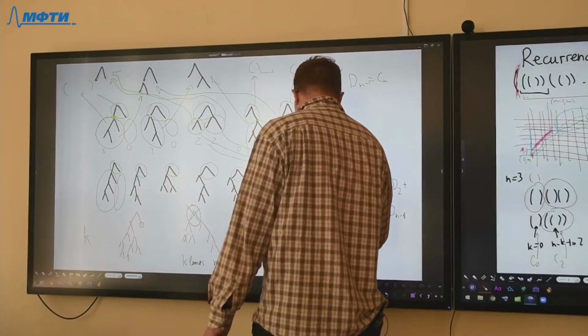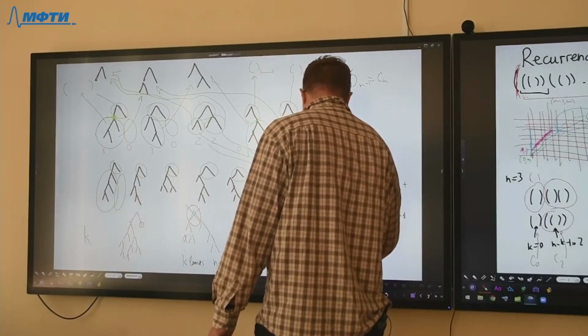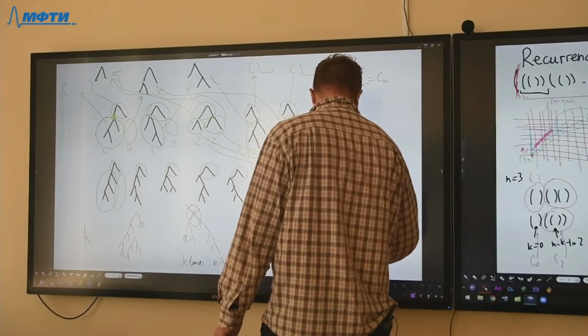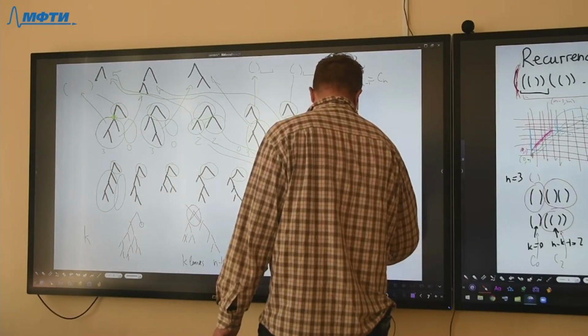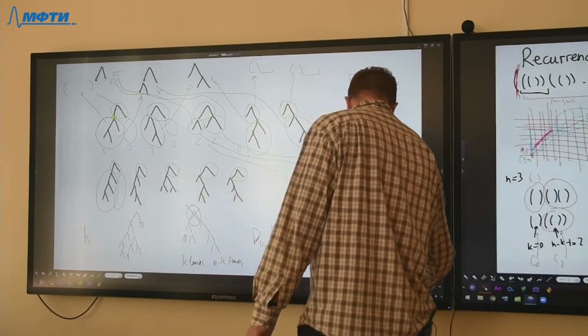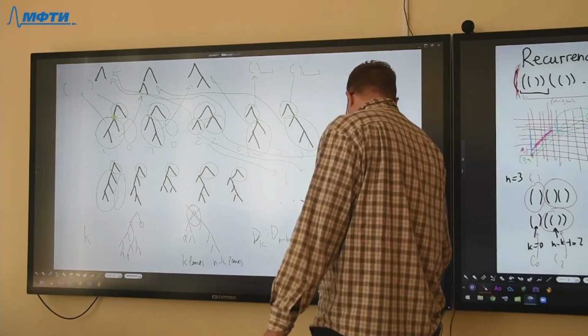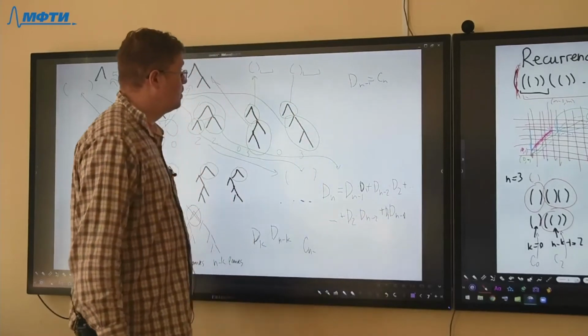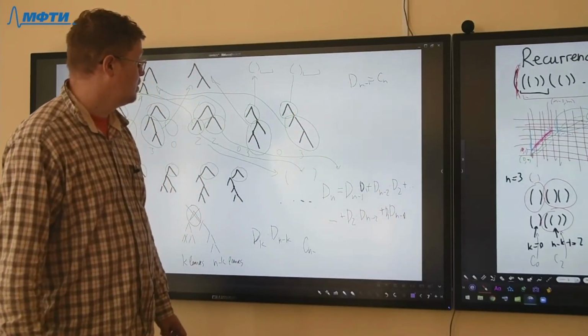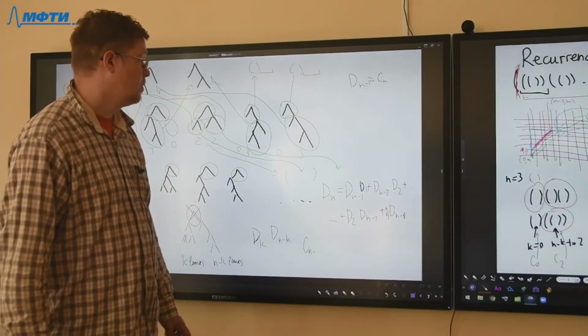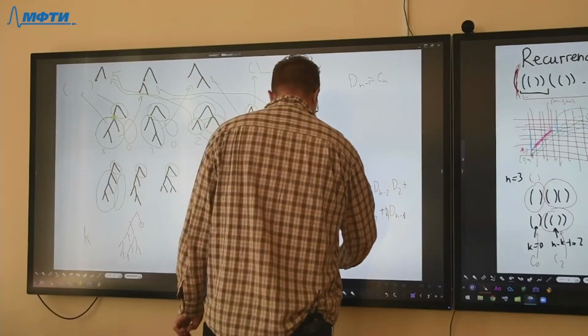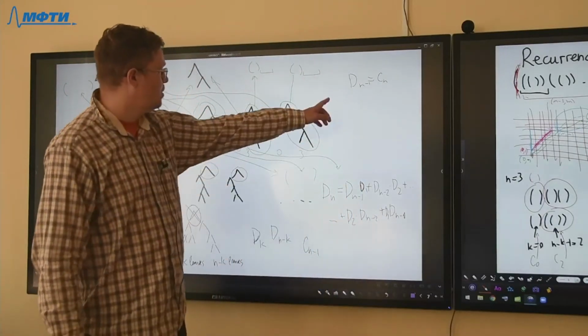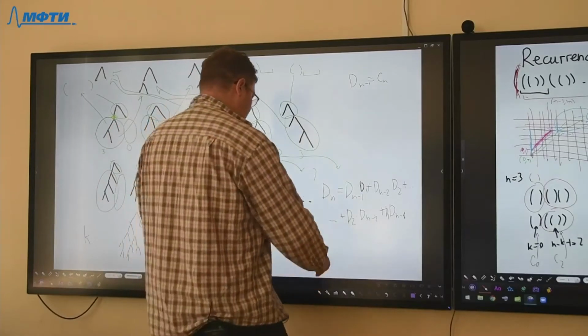So I can write this as d_{n+1} is C_n times... no. Sorry, we started C from 0 for the previous one. Should we start it from 1 again? Same thing in the right table. If I just put d_{n-1} as C_n, then I will have the same correspondence here.